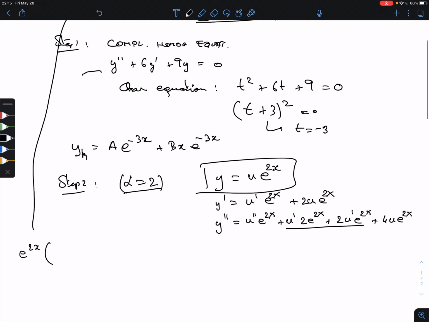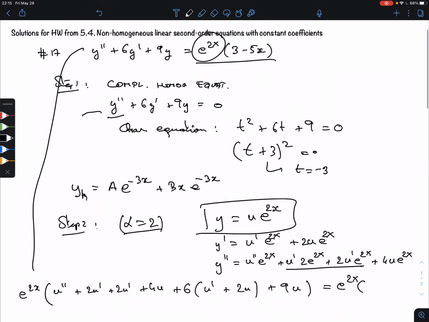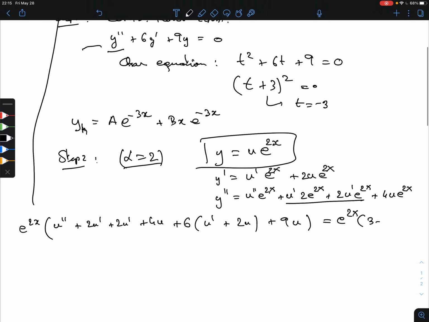So we have y double prime, that is u double prime plus 2u prime plus another 2u prime, I haven't put them together, plus 4u. Then we have 6 times y prime, that is u prime plus 2u. Remember the e to the 2x is taken out, right? And then plus 9 times y, which is just u, because the e to the 2x is out, and this is equal to 3 minus 5x.